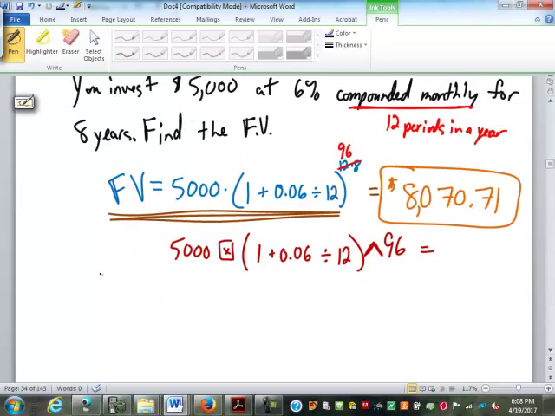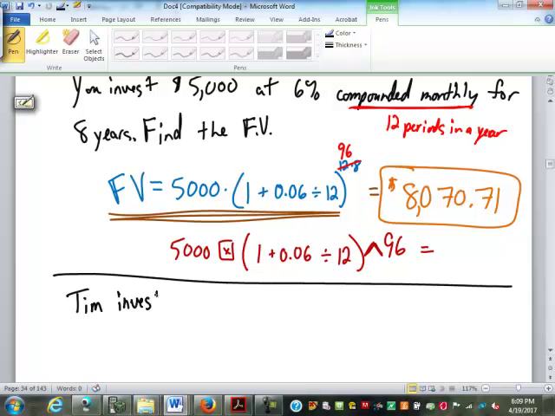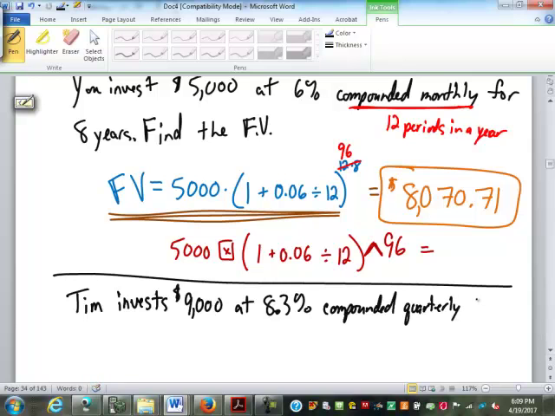Let's have you guys try one then. Tim invests $9,000 at 8.3% interest, compounded quarterly for 7 years.